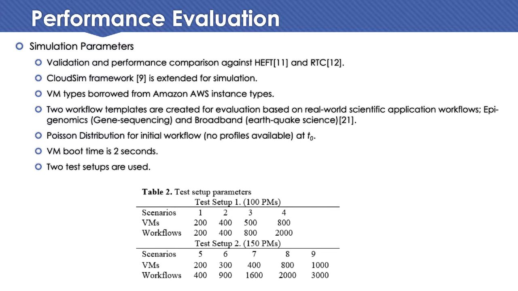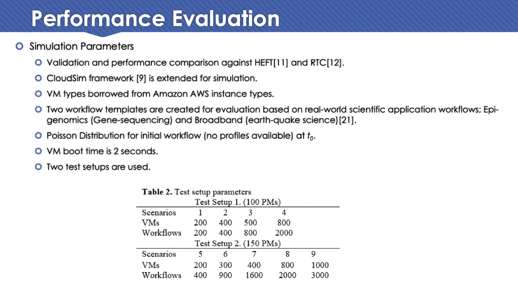So for scenario 1, the virtual machines setting is 200 with workflows 200. Scenario 4 has 800 virtual machines and 2000 workflows. We categorize scenarios 1 and 2 as lightweight workloads, scenarios 3 and 4 as medium scale workloads.